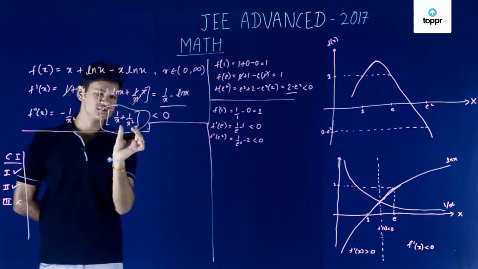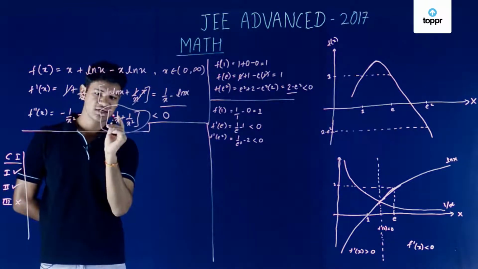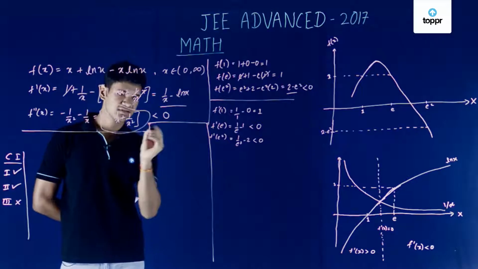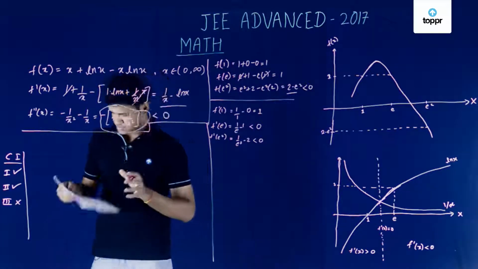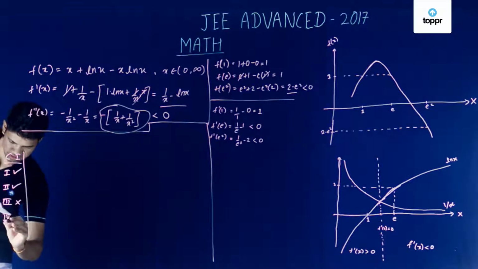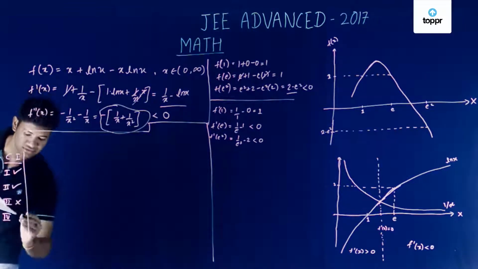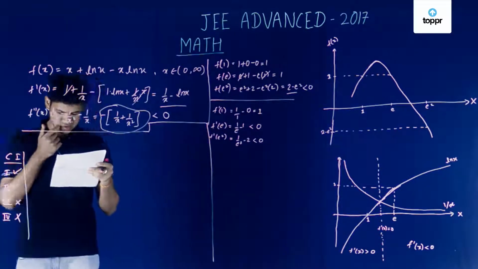If we put any positive value in 1/x plus 1/x², this part will always be greater than 0, and it is multiplied by a negative sign, which concludes that this will always be less than 0. So the fourth option is also incorrect because it will never be 0 and it will always be less than 0. So this clears column 1. Now let us go to column 2.